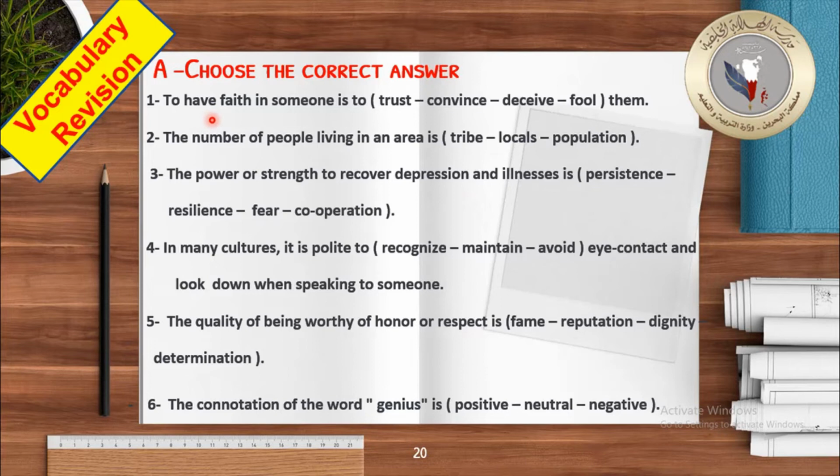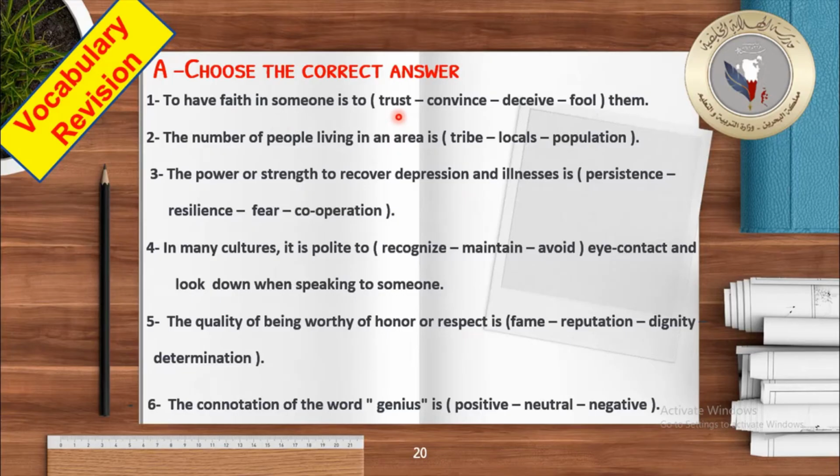For number one, to have faith in someone is to, of course, fool and deceive, not acceptable. So you have only two remaining, trust and convince. So have faith, so it should be trust.